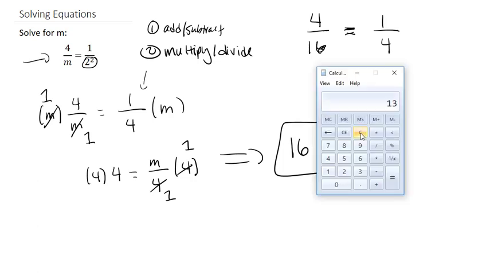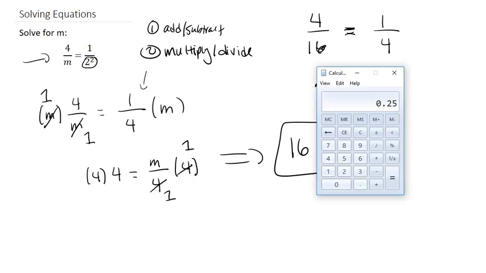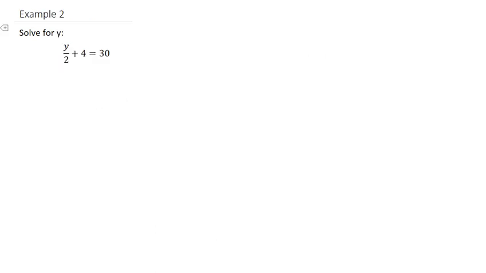A way to do that would be 4 divided by 16, which is equal to 0.25. And we know 1 divided by 4 is the same, which we can show is equal to 0.25. So this checks out. So let's look at another example.